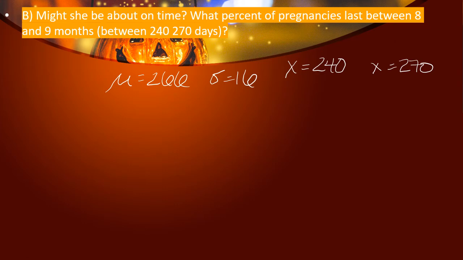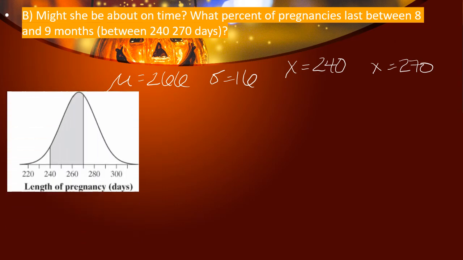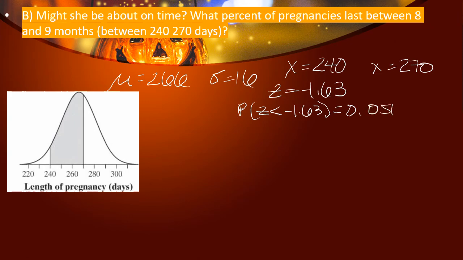I better draw a distribution. There it is. It's between 240 and 270, which means I'm going to need 2 z-scores and 2 percentiles. Luckily, we've already done 240. We found a z-score of negative 1.63, and the percentile for that z-score was 0.0516. So we've got info for there.